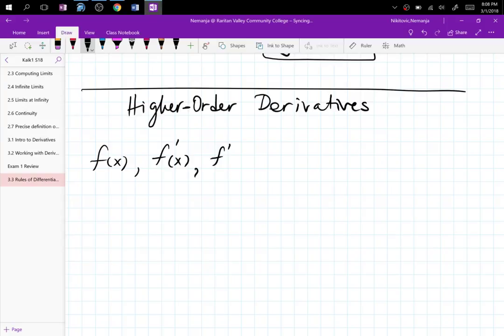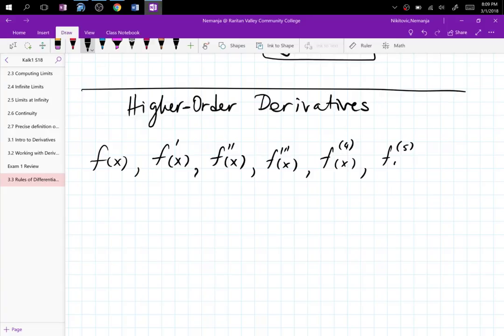Then 2 primes would be the second derivative. 3 primes will give us the third derivative, and then notation switches. So we don't want to be sitting there counting little tick marks forever. Notation changes into parentheses around the number, so it's not confused with exponents. 4th derivative, 5th derivative, going on forever.